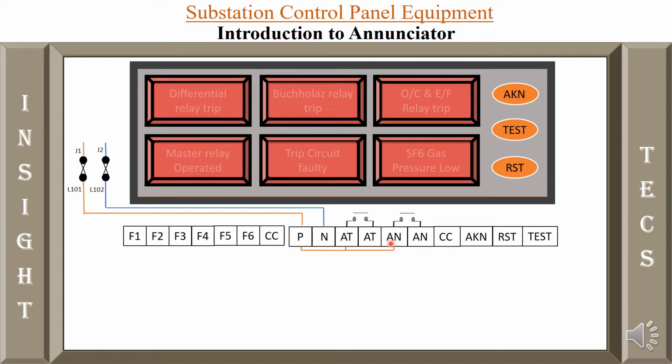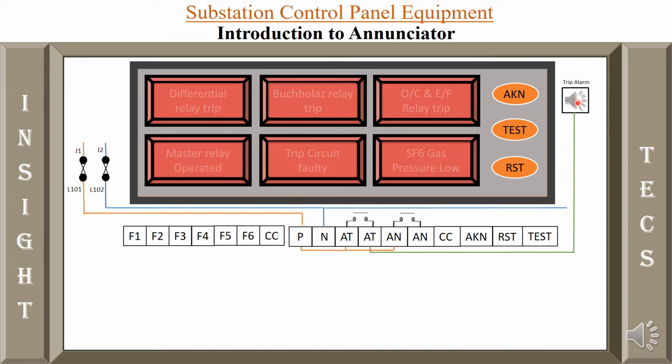Positive is given. Now whenever there is differential relay tripping, this contact will be closed, and what will happen? This positive will be extended to this hooter alarm, and then there will be an alarm. You can hear the alarm noise.